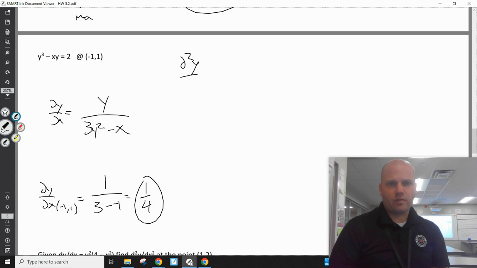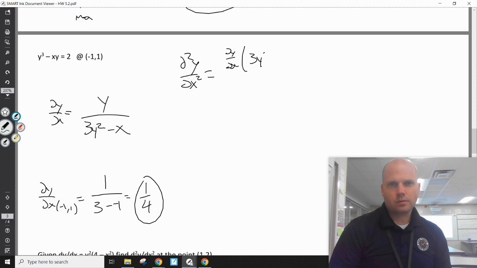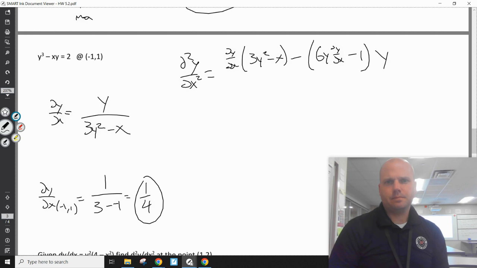My second derivative is going to be the derivative of the top. I'm just skipping, but I shouldn't. The derivative of the top times the bottom minus the derivative of the bottom times the top all over the bottom squared.